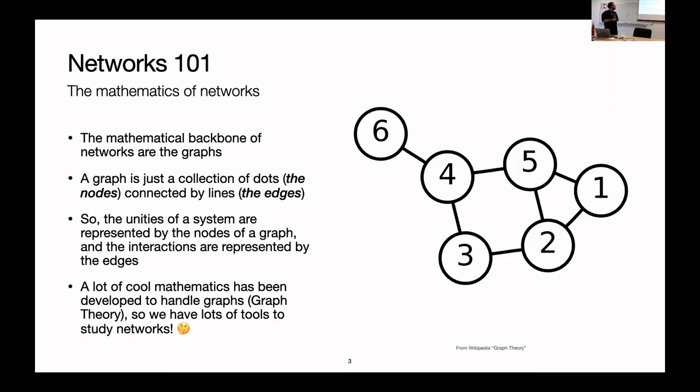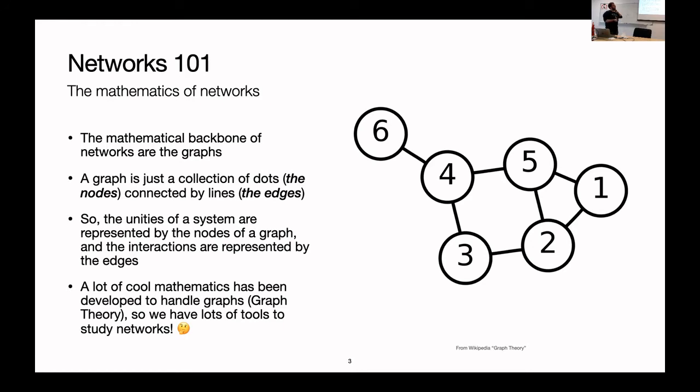We are lucky enough that we can use a very well-known mathematical tool to study networks, which are graphs. A graph is just a collection of dots, called nodes, connected by lines, called edges. They map really well to the notion of networks, because the nodes can be interpreted as the entities of our systems, and the edges as the interactions in our systems.